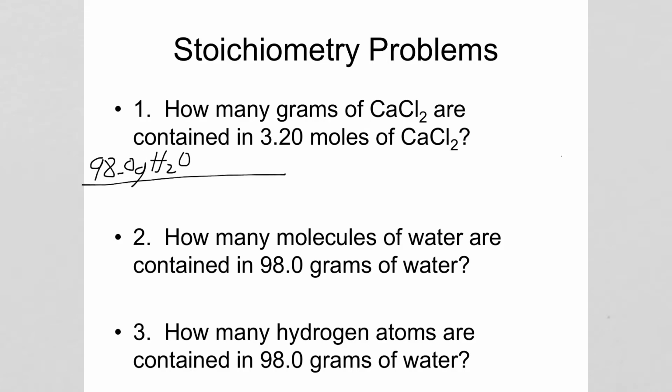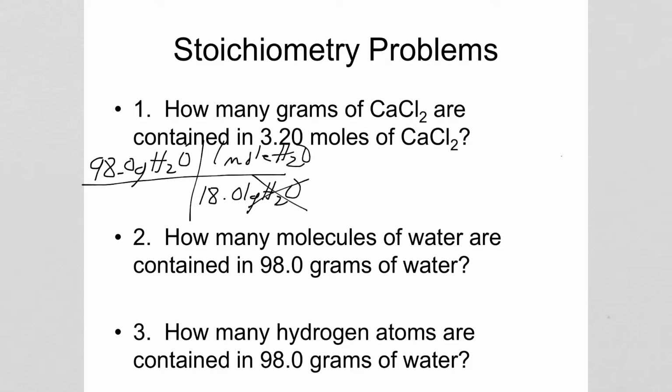And pretty much our first step in most of these problems is going to be to convert to moles. So we need to determine the molar mass of water. So we'll add up the mass of 2 moles of hydrogen and 1 mole of oxygen. When we do that, we get 18.01 grams of water. And that's how much water is in 1 mole.